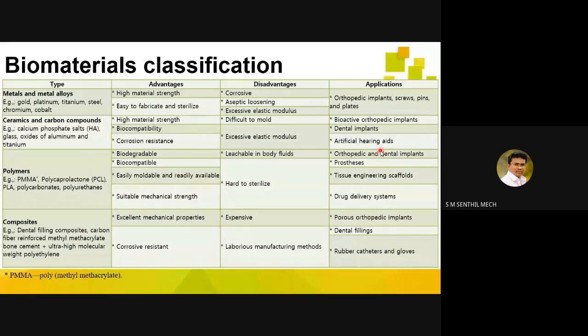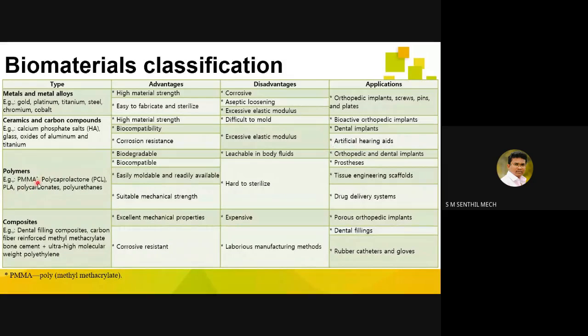Earlier they had only a standard size, which was very difficult for all categories of people to use. But now these hearing aids can be designed and 3D printed depending upon the shape of their ears. So this is one of the very fruitful results of biocompatible 3D printing.